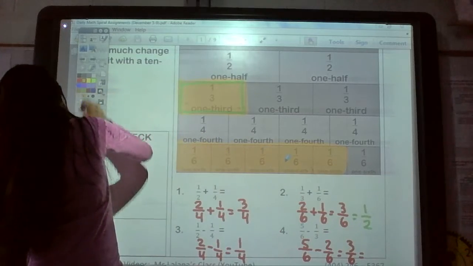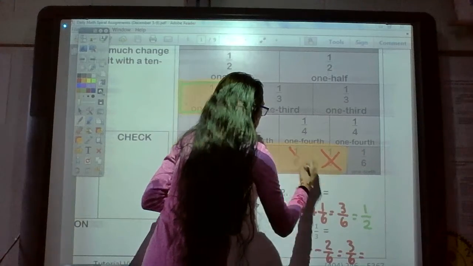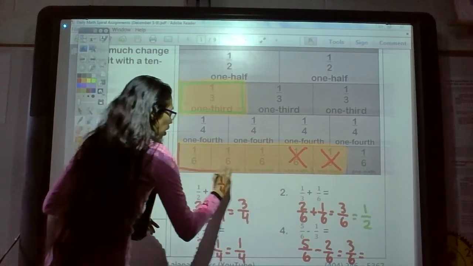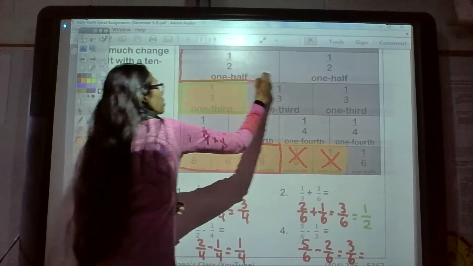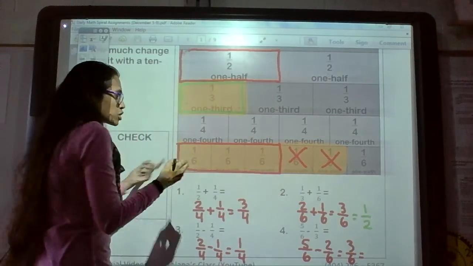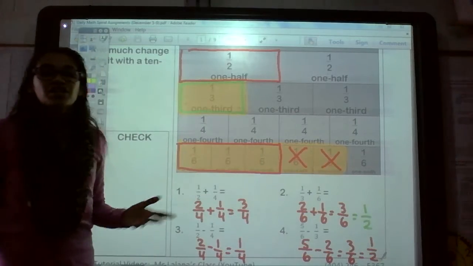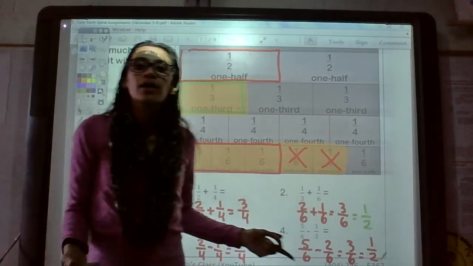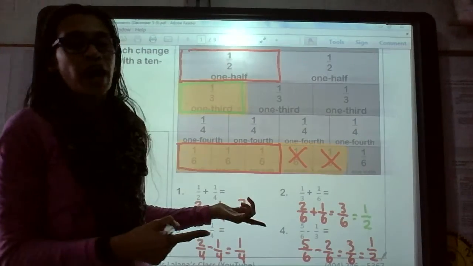If we take off that 1/6 from here, do you see this 3/6s right here? Look, it's the same thing as that 1/2 piece. So we can simplify that to 1/2. Bam! So that is one way, a good way, to add and subtract fractions using your fraction bars.